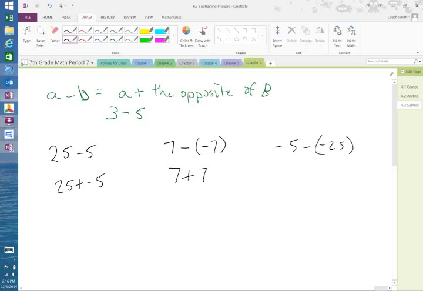If I change -5 minus -25, what is it going to be, Quade? -5 plus 25. Yes. Now I want you to finish those three out. Figure out the answer for each of those three problems.